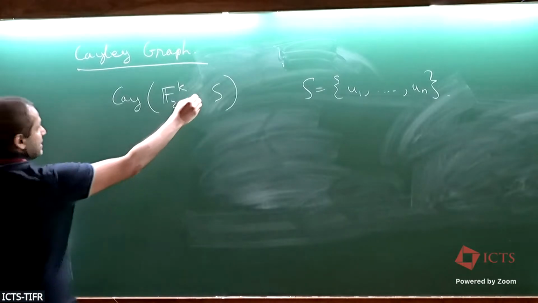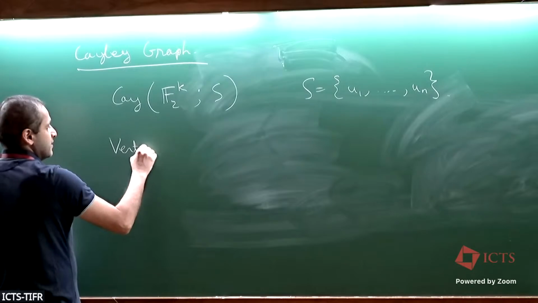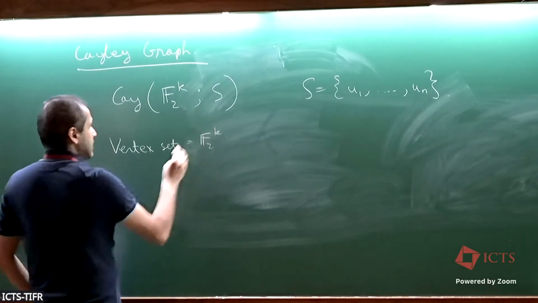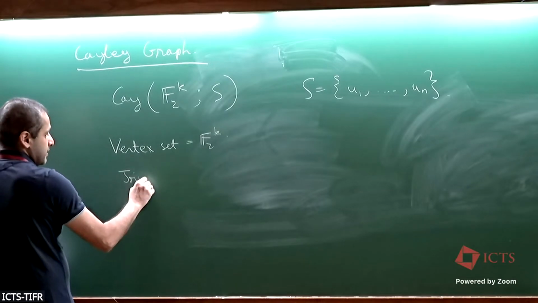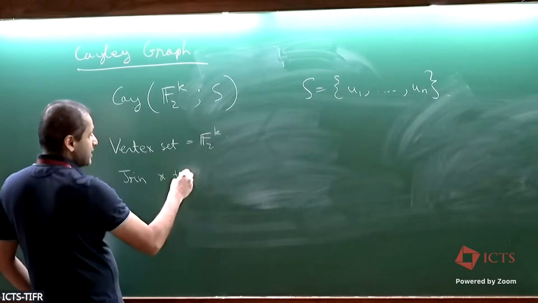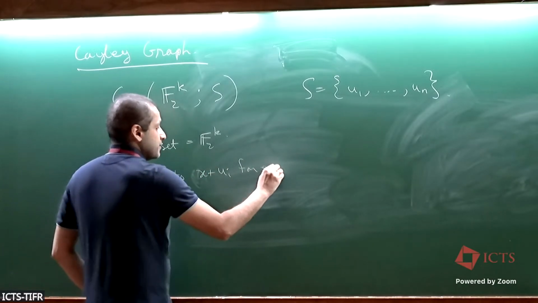And what is this graph? This is the vertex set. We join x to y, join x to x plus ui for each i.